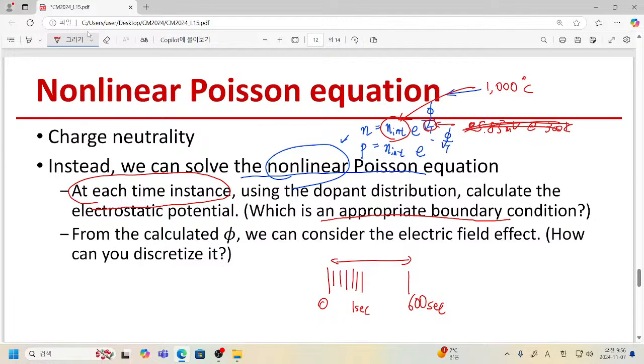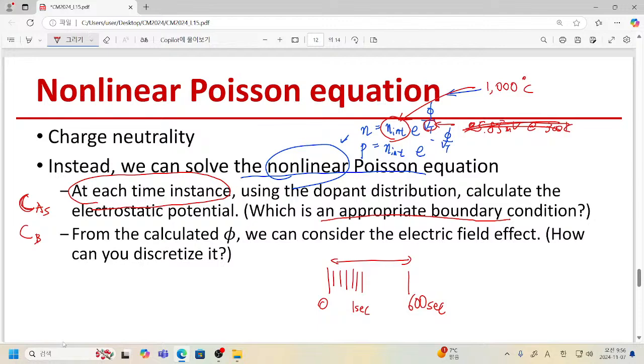Well, it sounds too cumbersome, but in order to do it correctly, this is actually what you have to do. So please solve the nonlinear Poisson equation at each time instance with the given dopant density. You know the arsenic dopant density and you know the boron dopant density, so you can solve it.